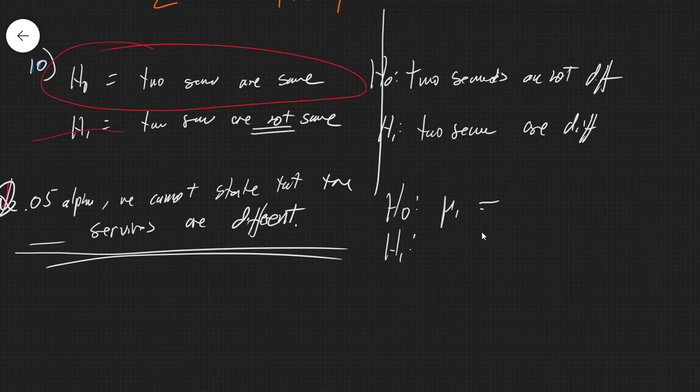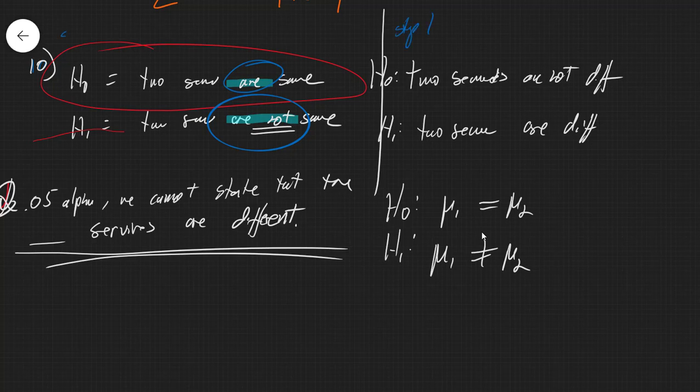H sub 0 is mu sub 1 equals mu sub 2, and H sub 1 is mu sub 1 is not equal to mu sub 2. Because what you want to do is be able to translate are the same or are not the same, this little guy right here, into your equal signs. Okay, so just a note, you'll see that the ones I wrote in step 1 are different than the ones I wrote in step 10, but they mean the same thing. Just a point of clarification.